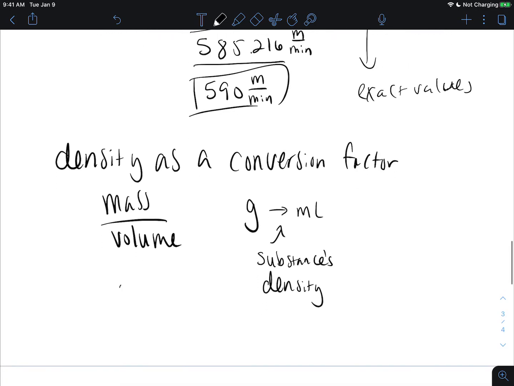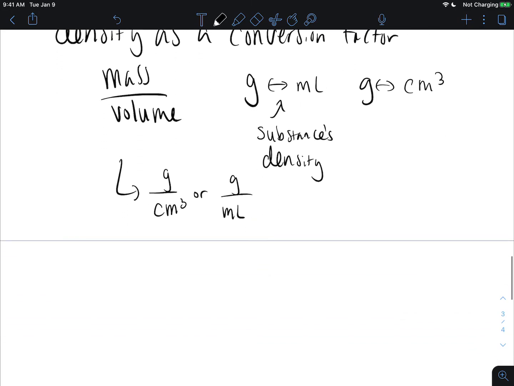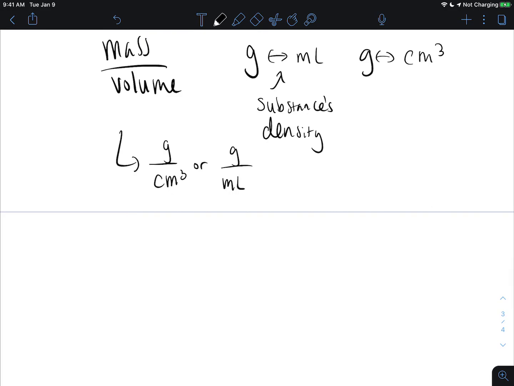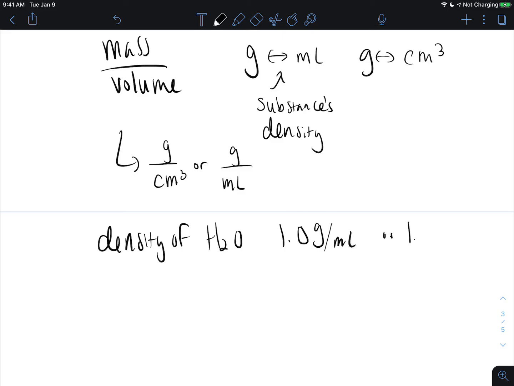Keep in mind, density is generally going to be given in grams per centimeter cubed or grams per milliliter. So another thing we can do is go from grams into centimeters cubed. One of the densities that you should know and commit to memory is the density of water, which is going to be equal to 1.0 gram per milliliter or 1.0 gram per centimeter cubed.